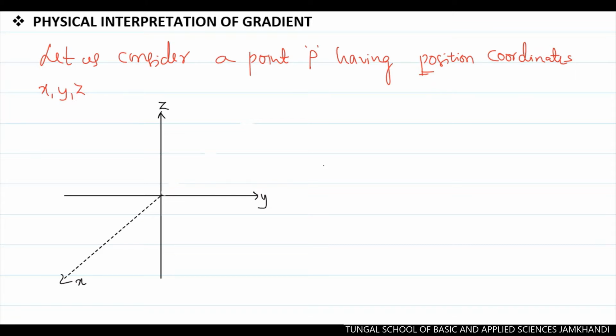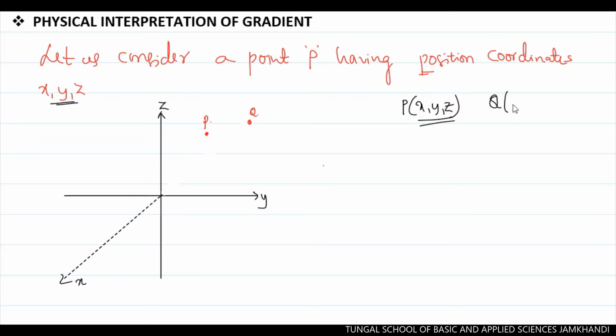If I define this particular point P here, and similarly a point Q very close to it, let me define another point, the Q point here, very close to it, then having its position coordinates. As I already told, the position coordinates of P are x, comma, y, comma, z.